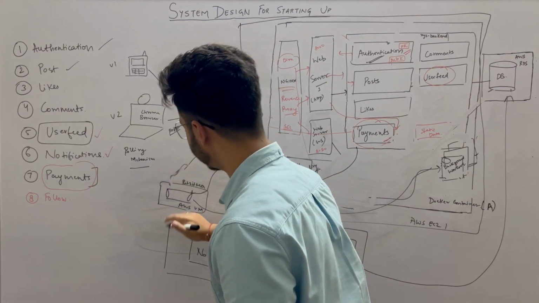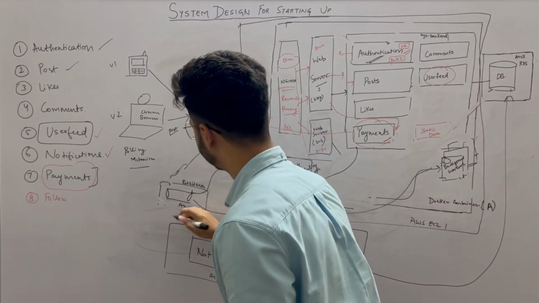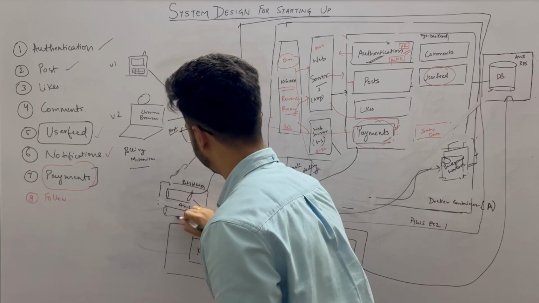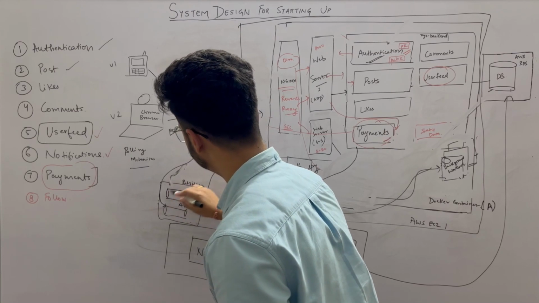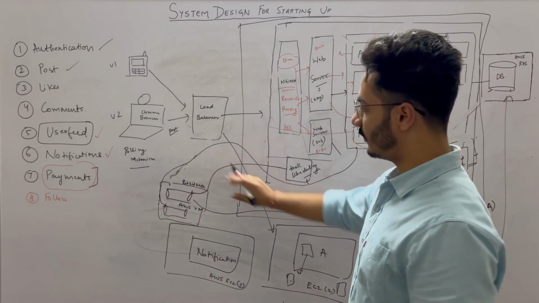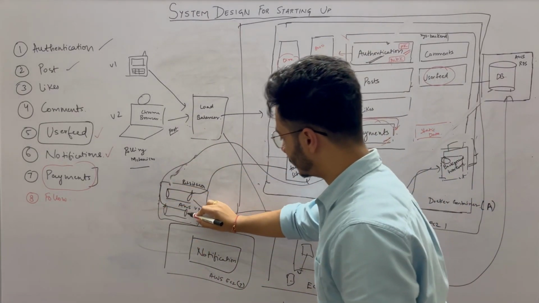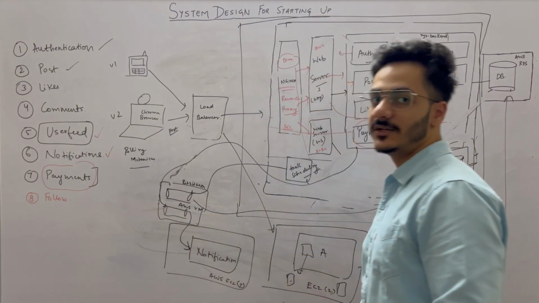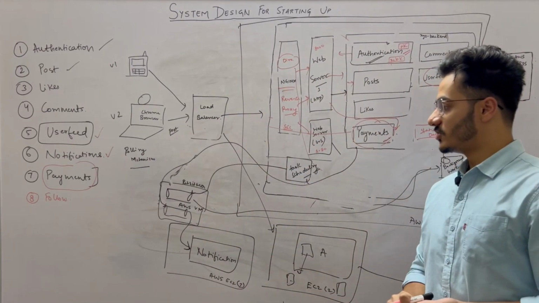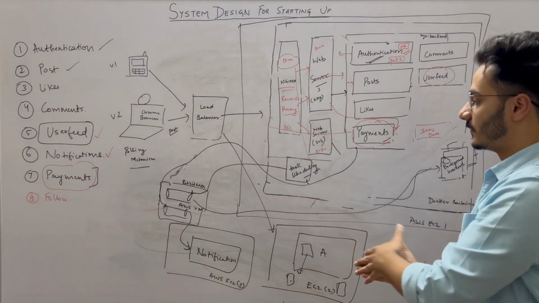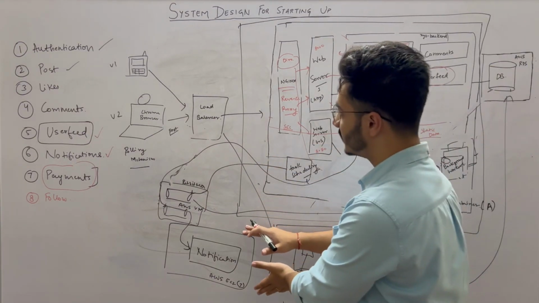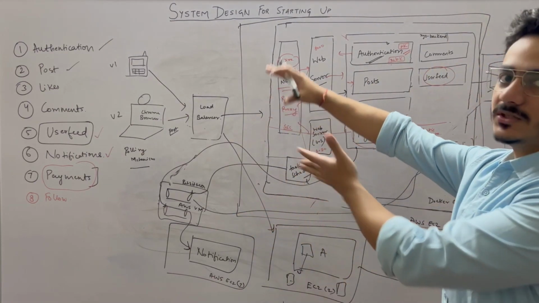Basically, if you have created a separate queue inside this server, then you will push the notification to this queue, and this also will push the notification to this queue, and this notification service will listen to this queue. So this is how we can make a distributed kind of environment here to scale this notification service and also to make it available to the users.